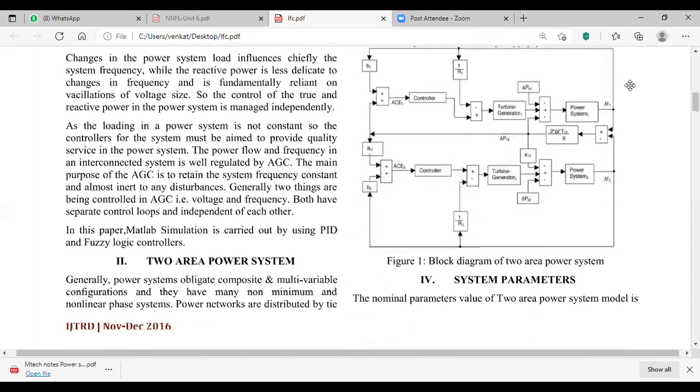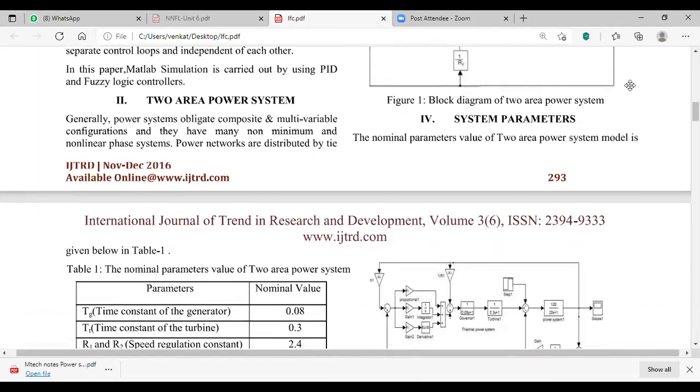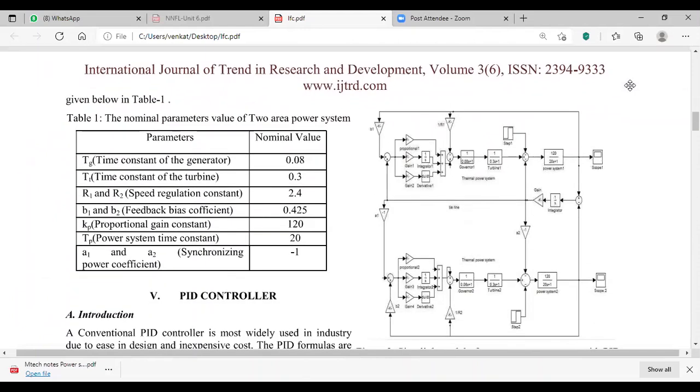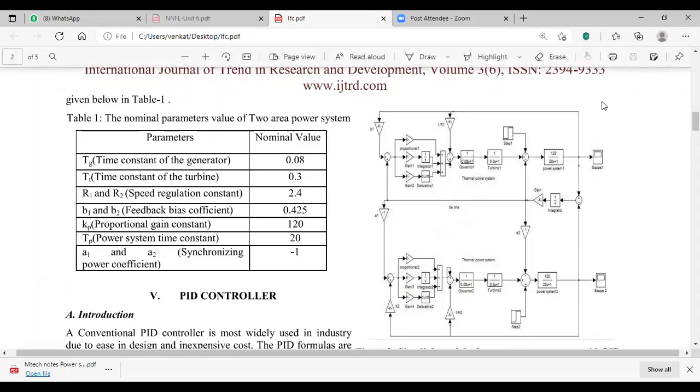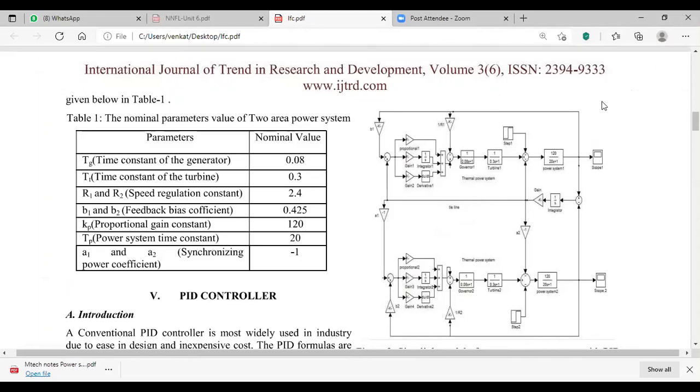So already the system parameters are time constant of the generator, time constant of the turbine, speed regulation constants R1, R2, B1, B2, feedback bias coefficients, Kp, proportional gain constant, Tp, power system time constant, and A1, A2, synchronizing power coefficient.